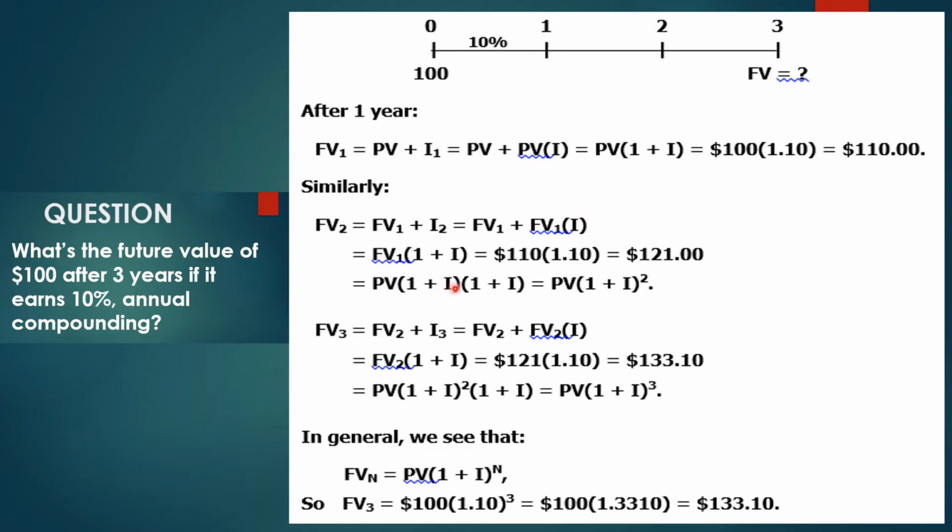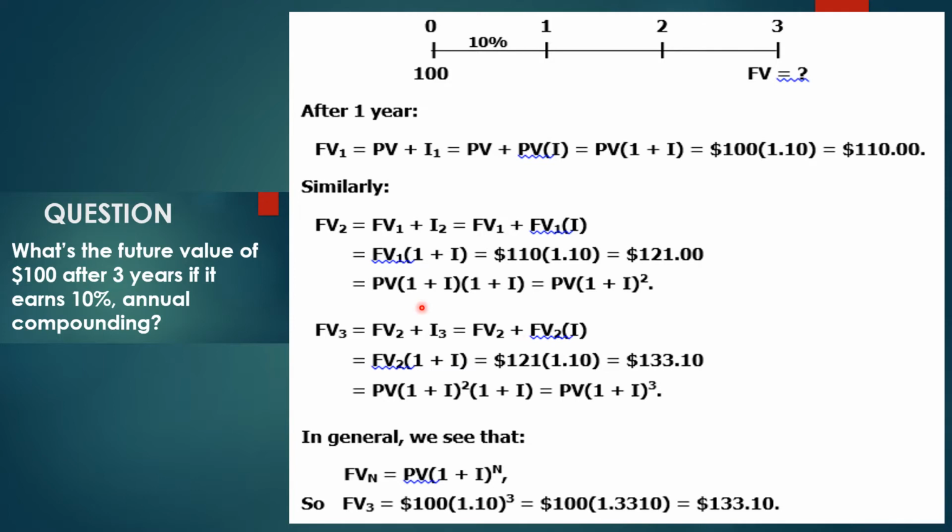Similarly, for the future value at the second year, let's just continue the process. Our present value at the end of year 1 will be 110, and that will be subjected to the interest of 1.1. So that will give us 121. In another sense, we have the present value multiplied by 1 plus the interest, times 1 plus the interest, twice.